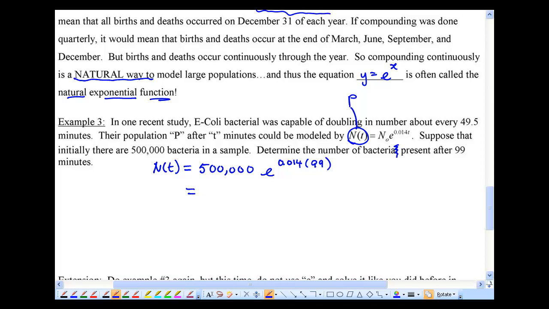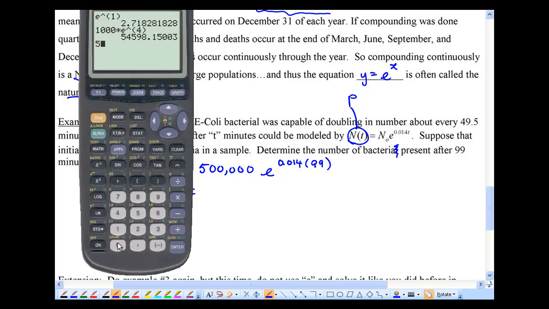I'll go ahead and use the calculator right away. 500,000 times e, second ln, 0.014 times 99, close the bracket, and I get what? Well, 1999.